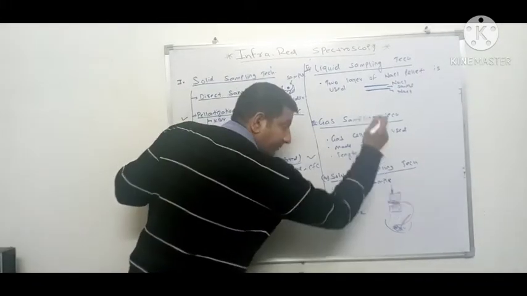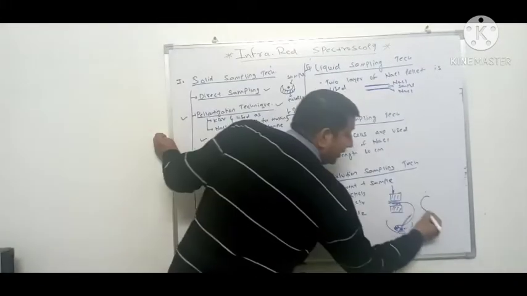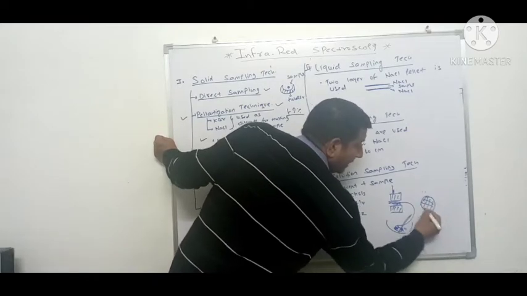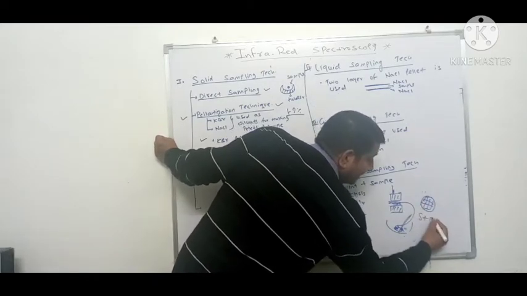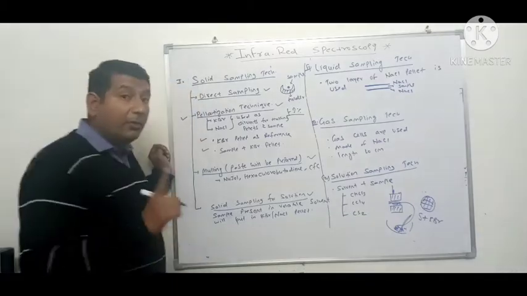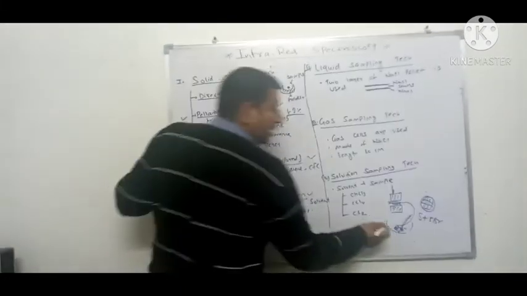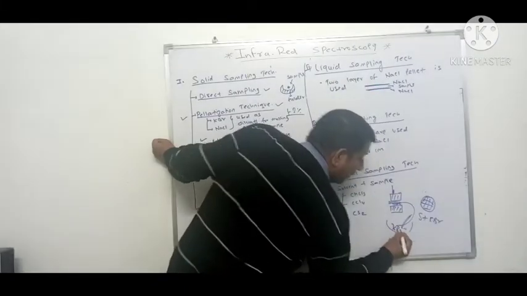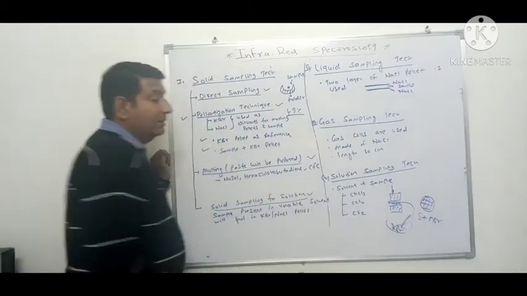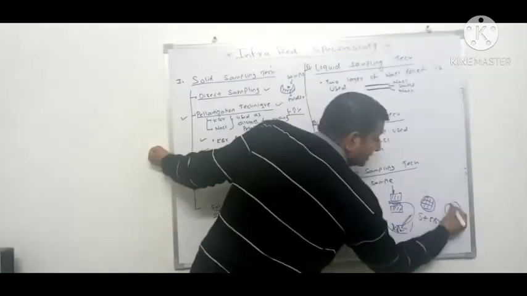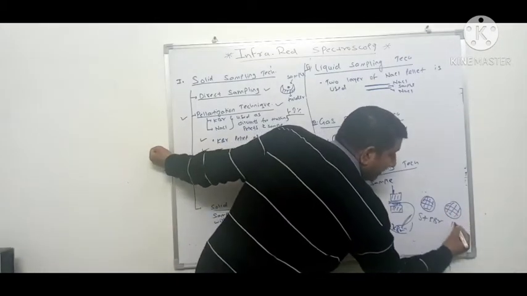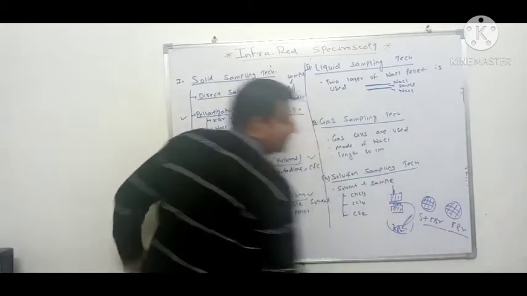When we apply pressure in the punch, it converts into a pellet. This pellet is the sample plus KBr pellet. We also make one reference pellet in which we take only KBr powder, and this pellet is known as the KBr pellet or reference pellet.